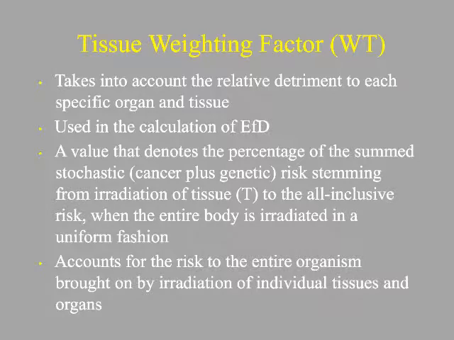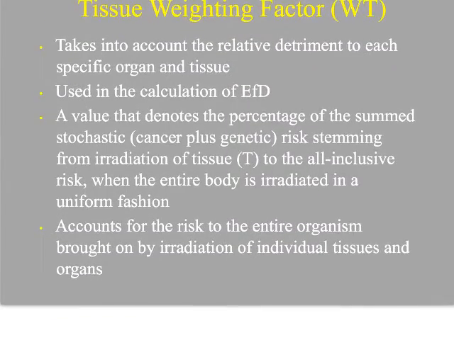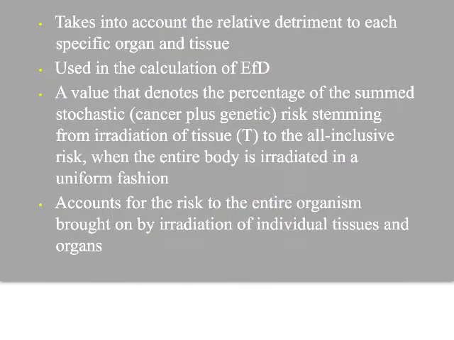So if we want to consider the effects of radiation on different types of organs and tissues, we're going to think about whether the organ has a potential to be damaged, or whether the radiation also could cause the organ to become carcinogenic, whether it could produce cancer within the organ.